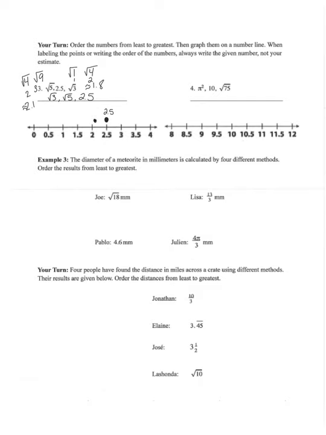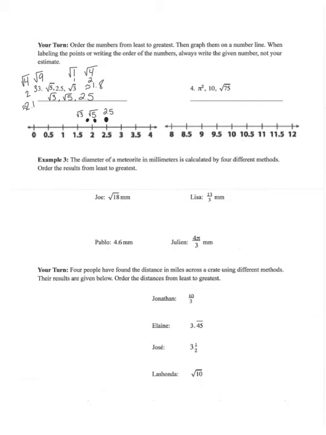And we'll label it as the square root of 5. And then we have that square root of 3, which is 1.8, which is on the other side of 2. And the square root of 3 there.